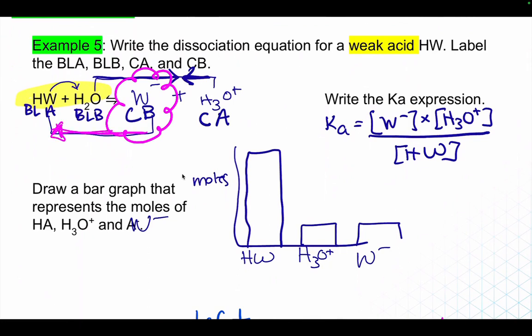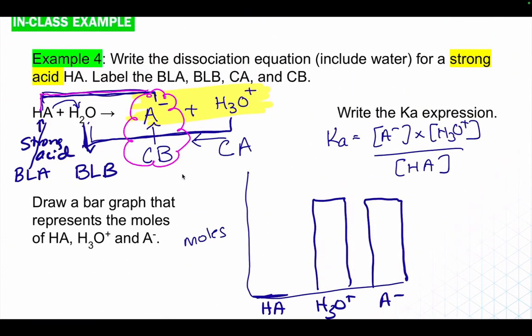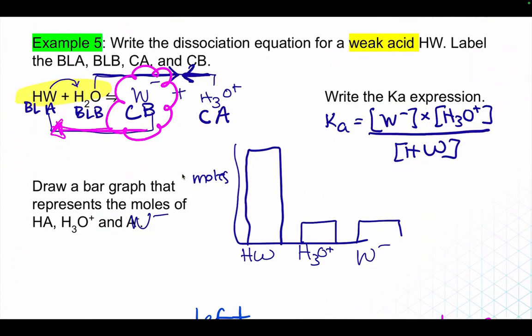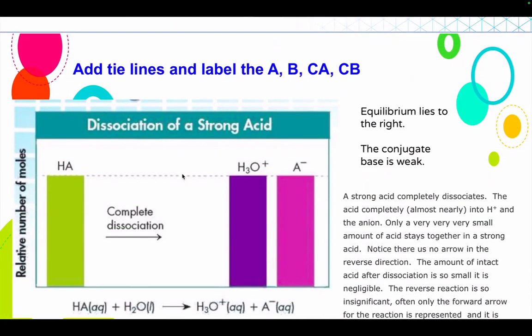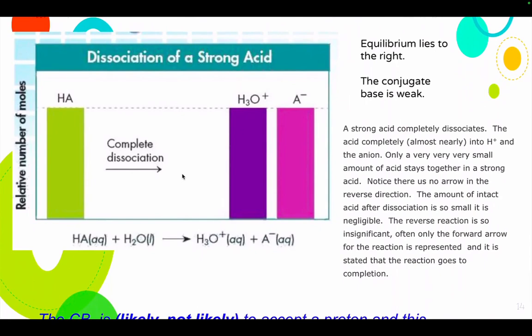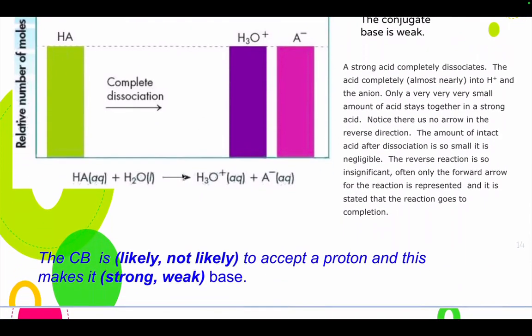That's what makes it strong. So the strong acid is always paired with the weak conjugate base, and the weak acid is always paired with the strong conjugate base.